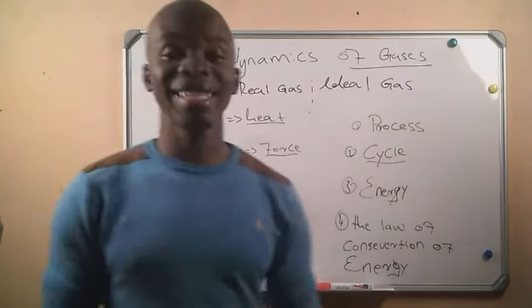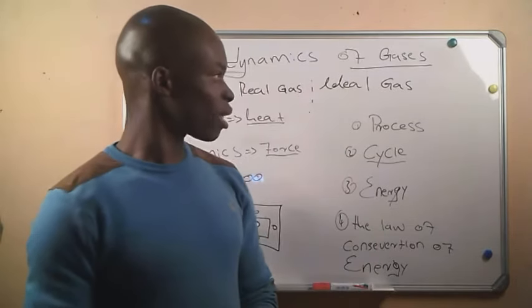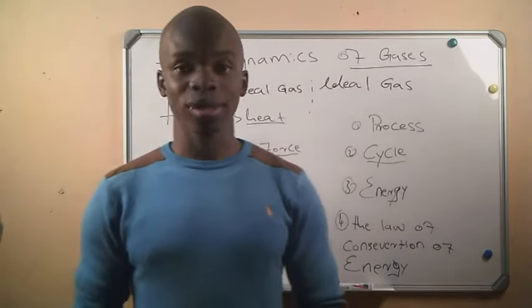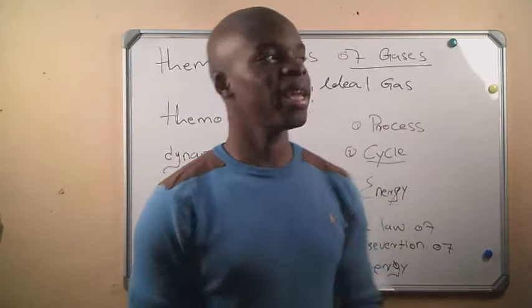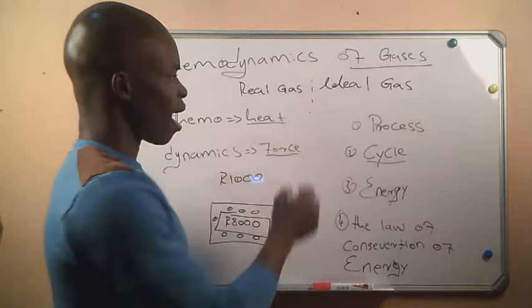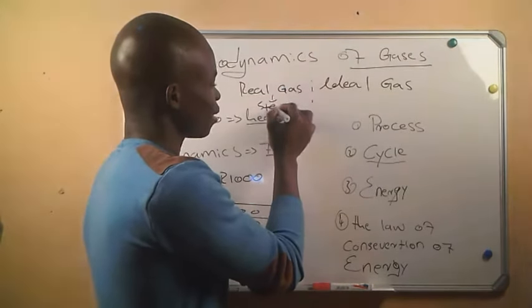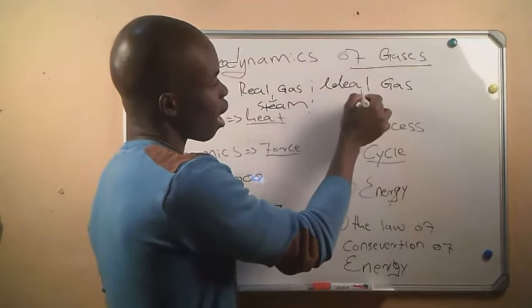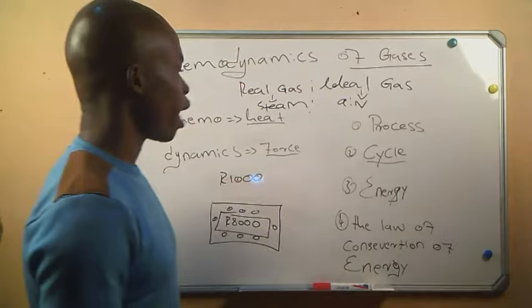And then an ideal gas obeys the gas laws under all conditions of temperature and pressure. An example of a real gas is steam. An example of an ideal gas is your air.